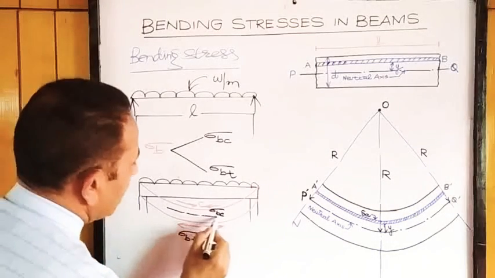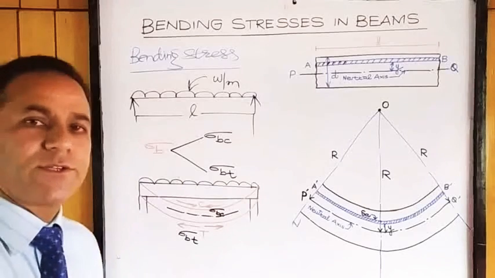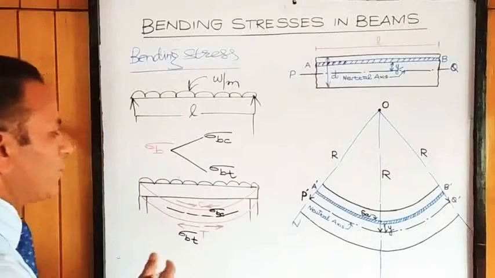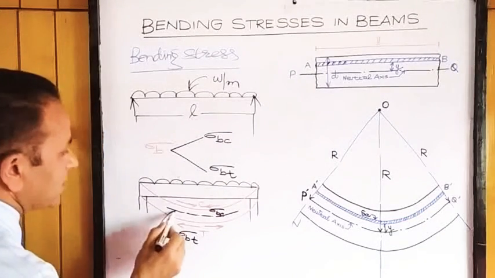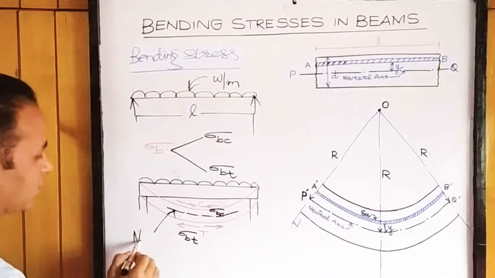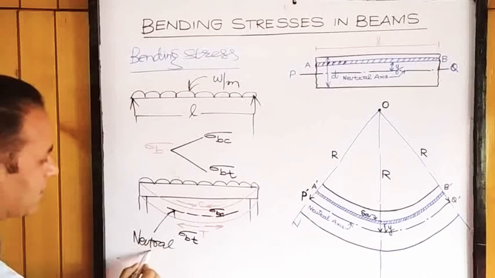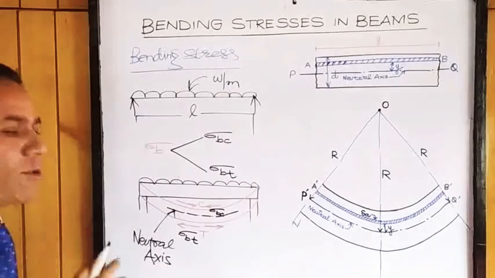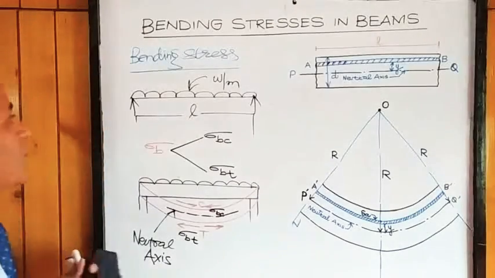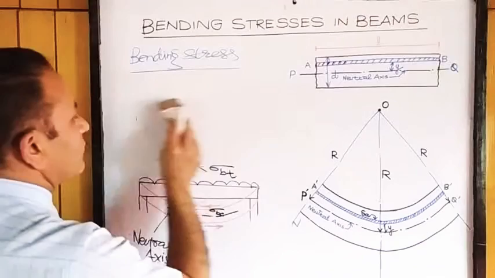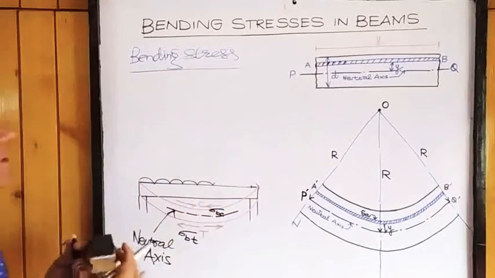There will be a level where the compressive stresses will change over to tensile stresses, and this level is at the CG. This is known as the neutral axis. So there will be no stress at the neutral axis. There will be a changeover of the nature of stress at the neutral axis.